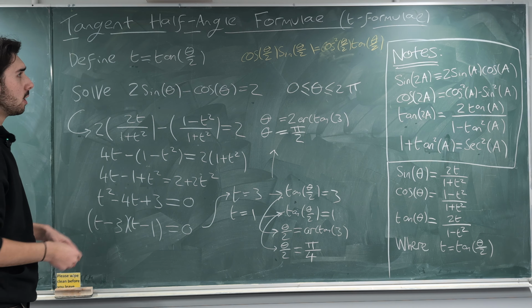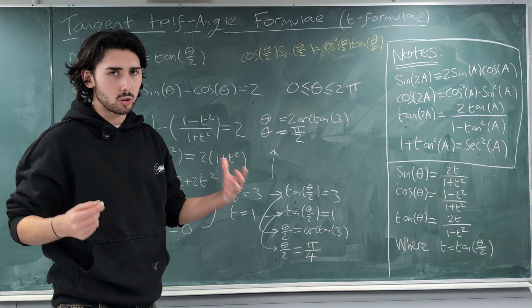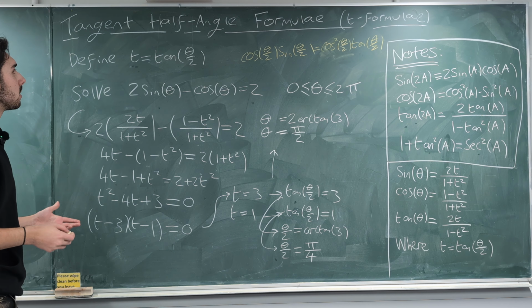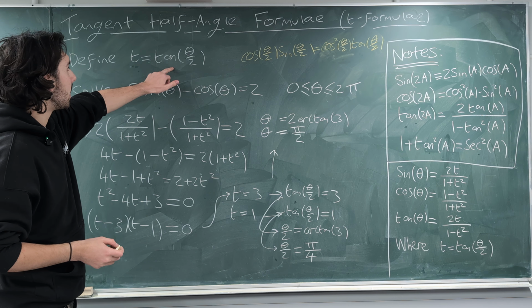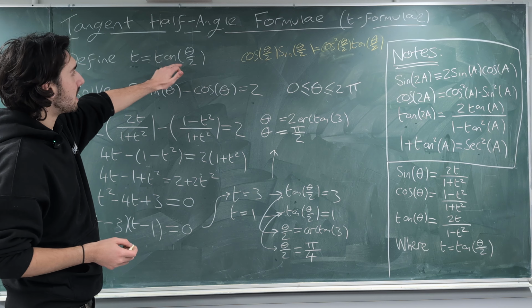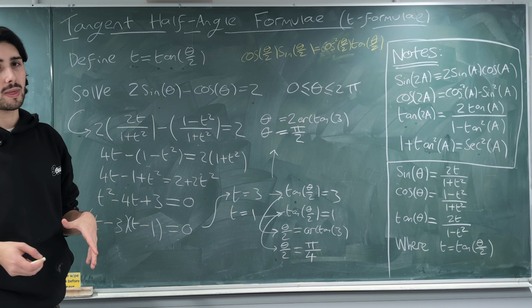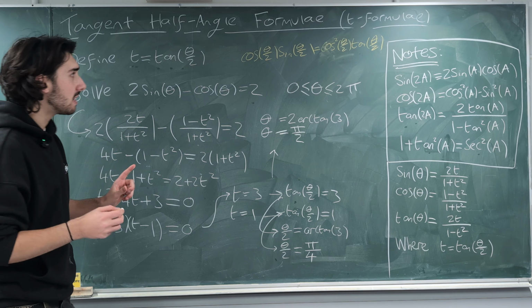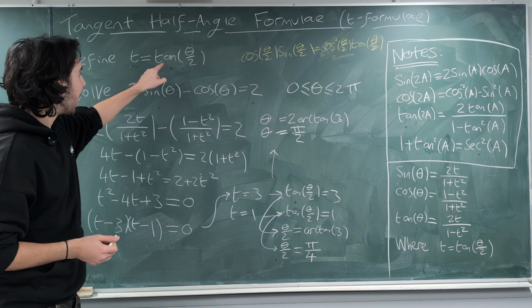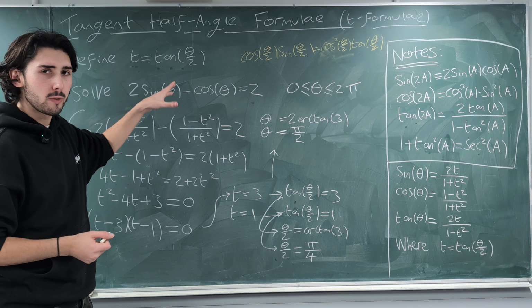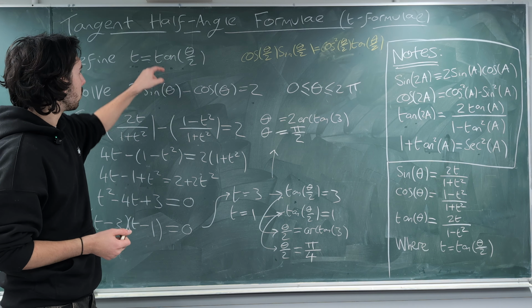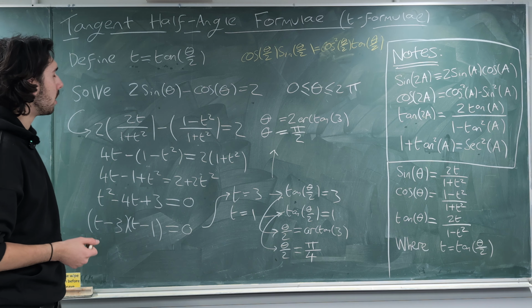Just generally, the problem I'm trying to explain is that when theta is a value that makes tan undefined, then the t-formulae will not give you an answer when there might be an answer there. Basically, when is tan of theta over 2 undefined?